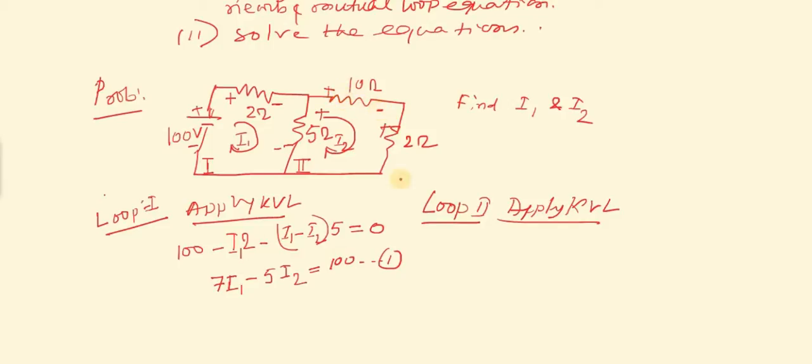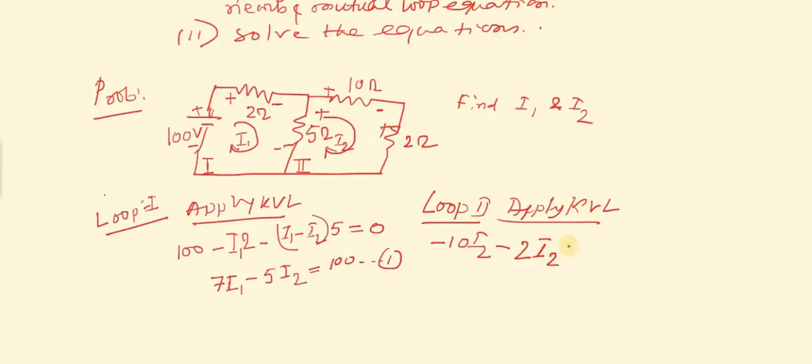This is the negative value, so write down minus 10 into the resistance value into this current, that means I2. Once again this is a minus value. Next we come to this branch, and it will be 2I2.